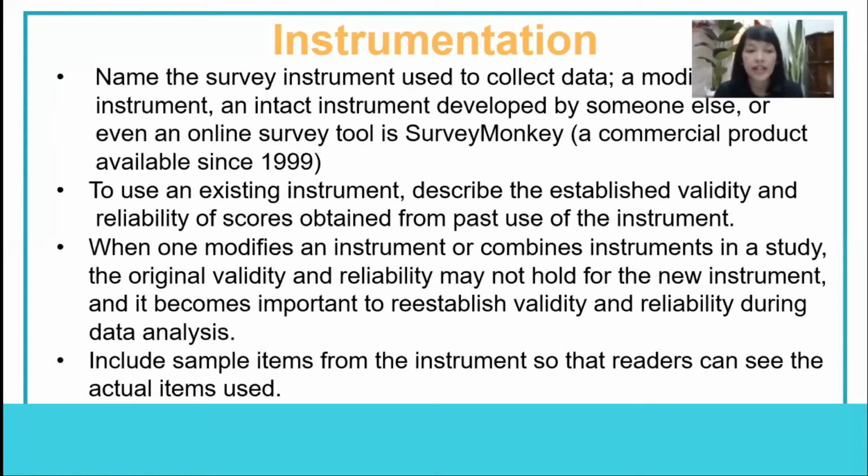And then the next is to include sample items for the instruments so that readers can see the actual items used. We can provide them in the appendix to the proposal.